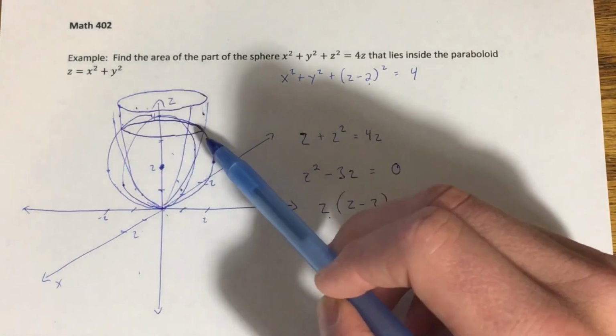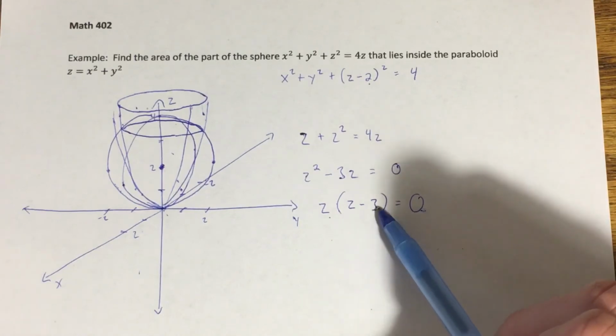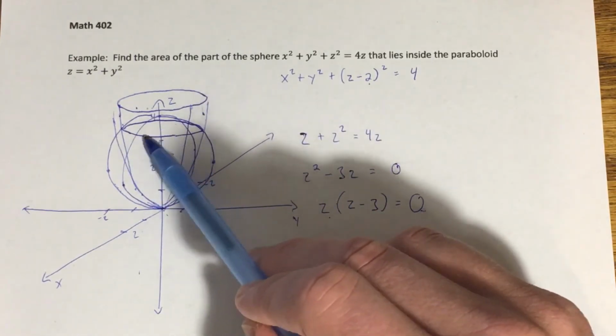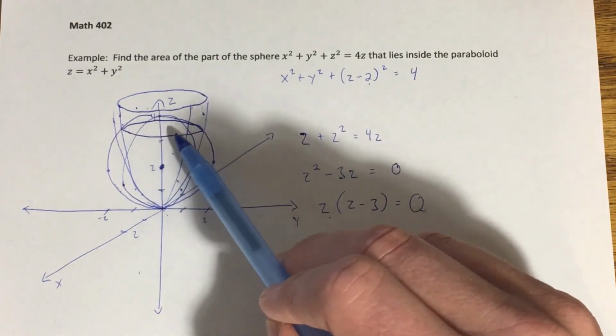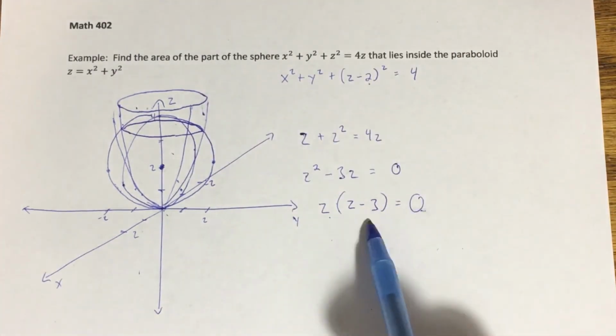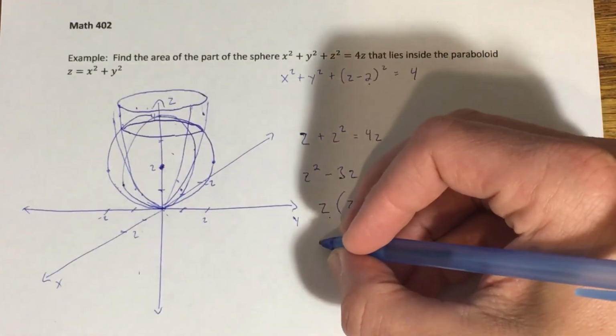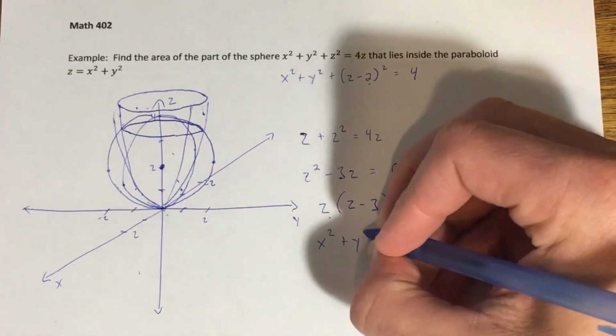So I can alternatively think of that circle as the intersection of the plane z equals 3 with the sphere shown here. Or if I want to, I could take z equals 3 and substitute it into this equation, giving me x squared plus y squared equals 3.